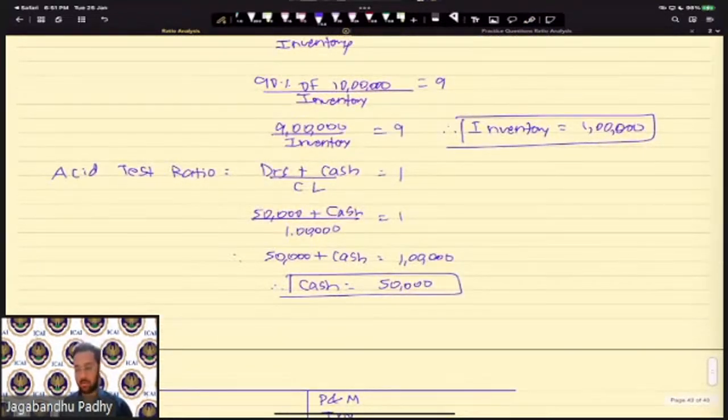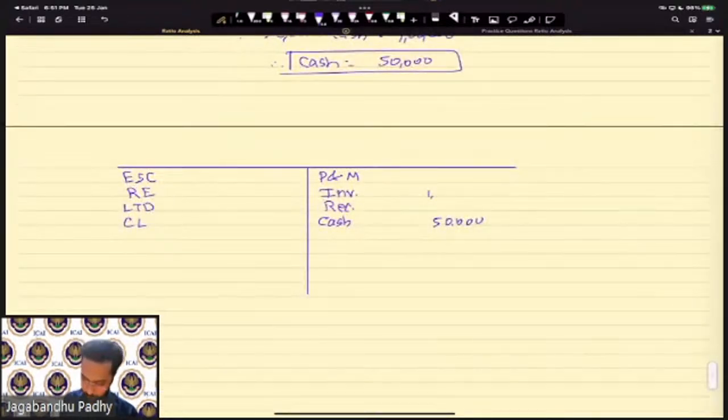We find that inventory is 1 lakh, right?